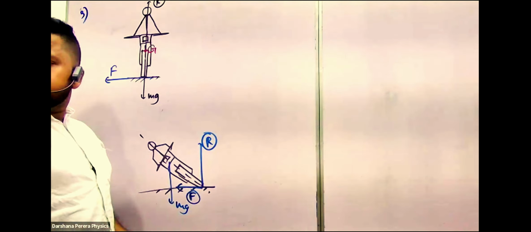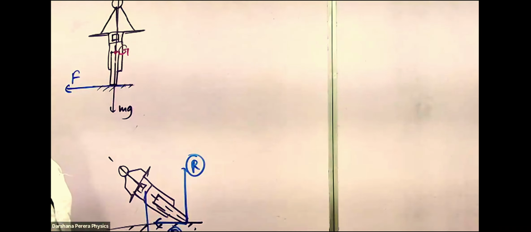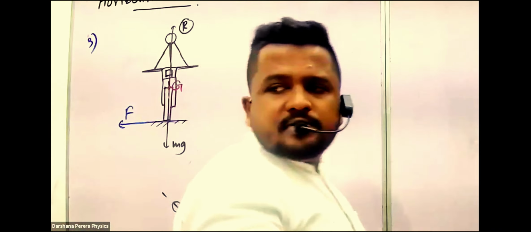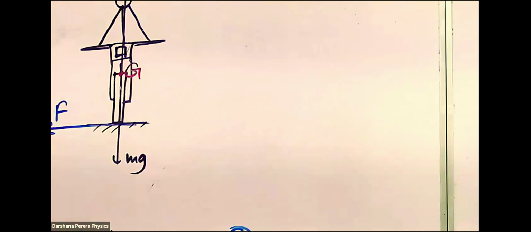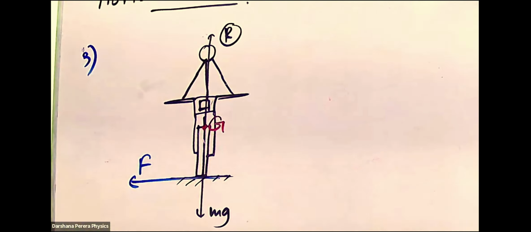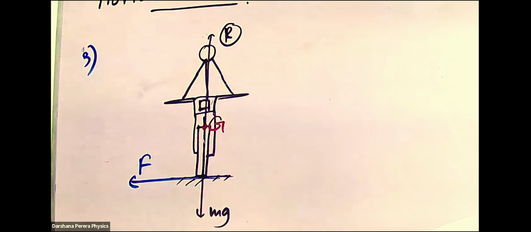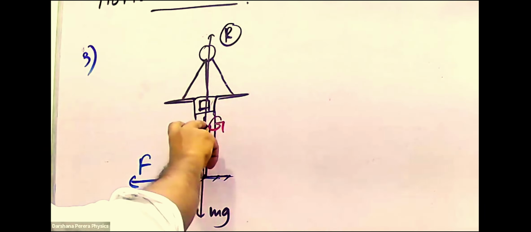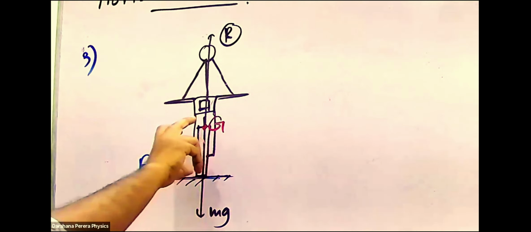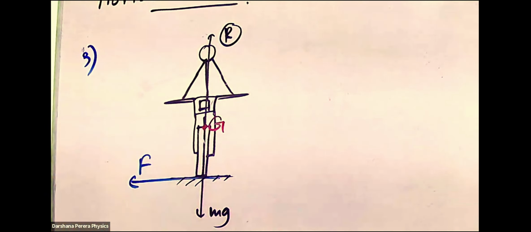Without leaning, there is a movement. Why? F creates the movement. Because of that, it rotates.